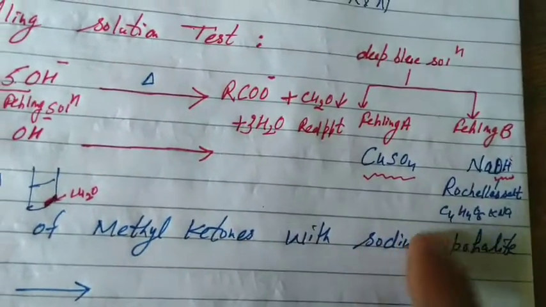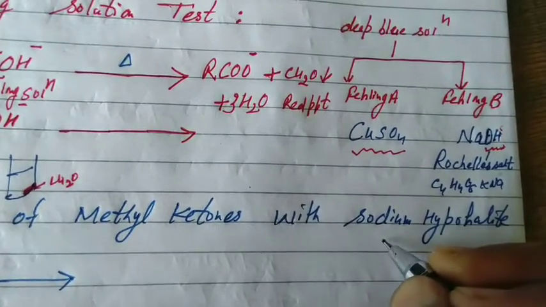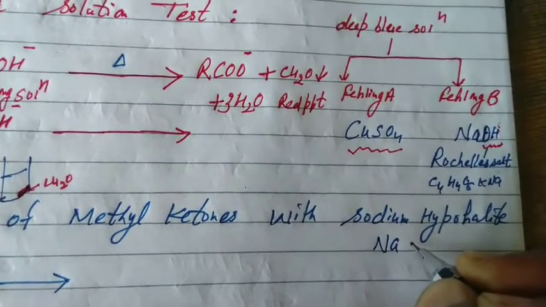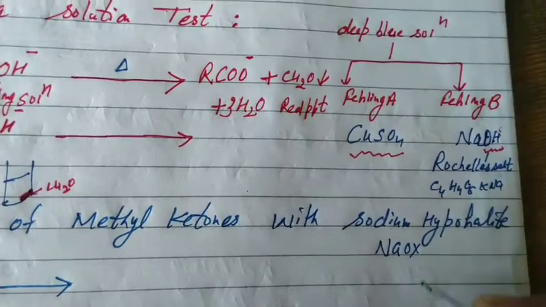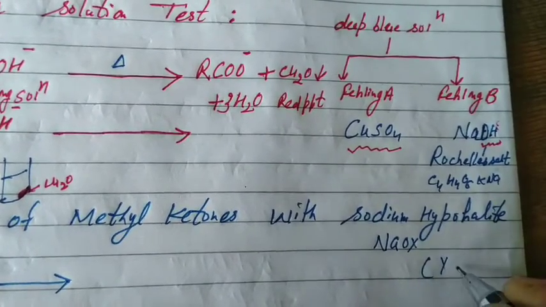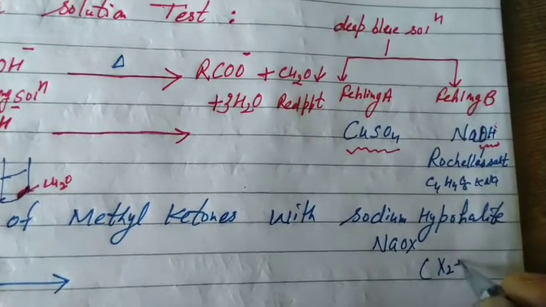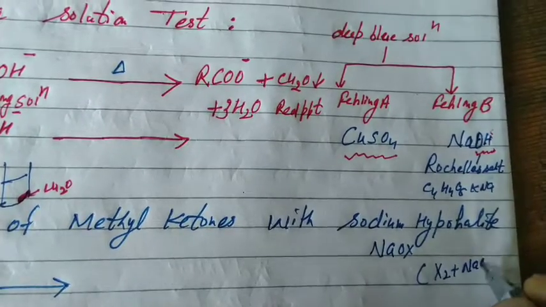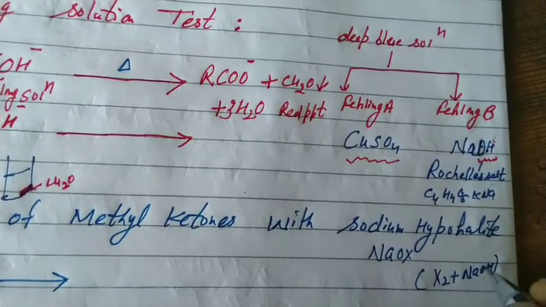Haloform reaction: oxidation of methyl ketones with sodium hypohalite. Sodium hypohalite, NaOX, is obtained by dissolving halogen in alkali. What do we get? NaOX plus NaX.